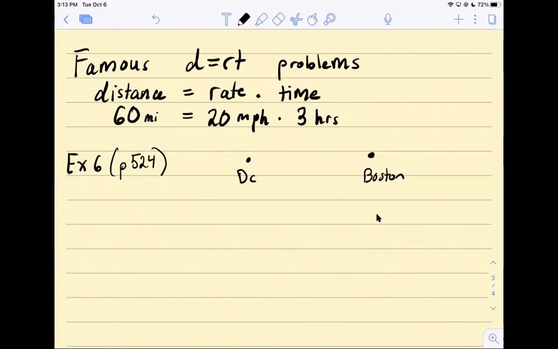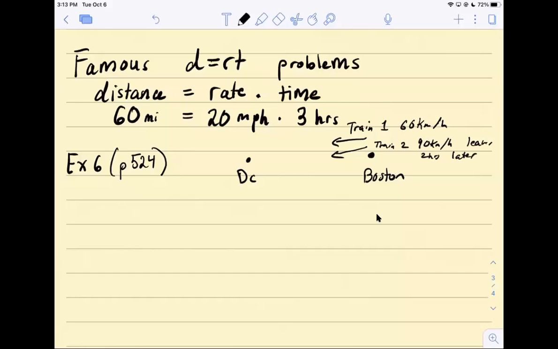The first train, train 1, leaves at 60 kilometers per hour. And train 2 also leaves from Boston. It goes faster though, 90 kilometers per hour, but it leaves 2 hours later.